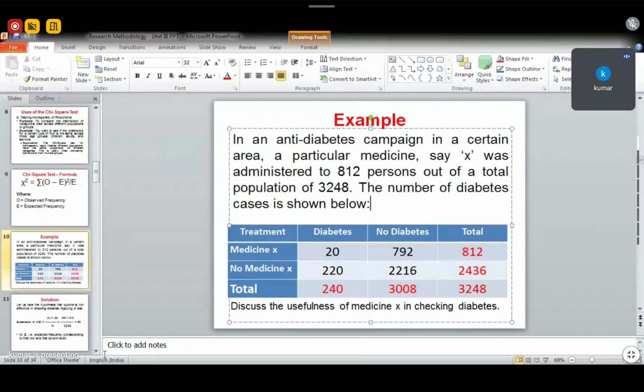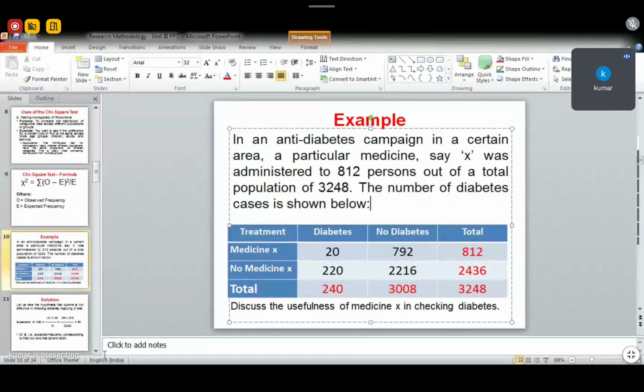Are you able to understand the concept now? I repeat, medicine X was administered on 812 persons, whereas on the remaining 2,436 people, no medicine was administered. Right. So what is the purpose of administering the medicine?